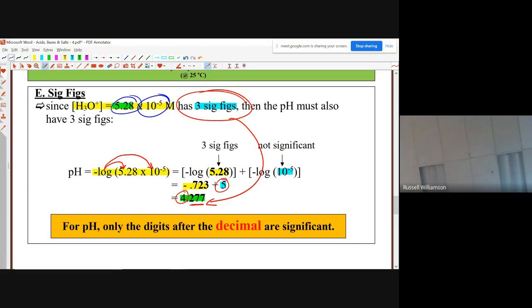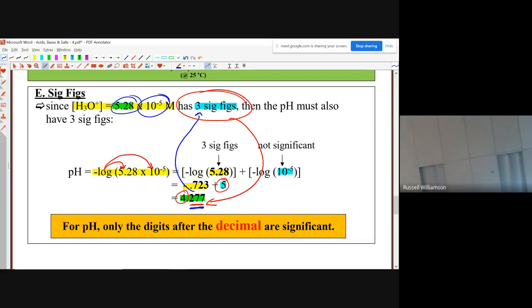So for pH, only the digits after the decimal are significant. If I wanted to go in the reverse direction, I've got 3 decimal places, so that means I want 3 sig figs when I calculate hydronium concentration. Are there any questions?